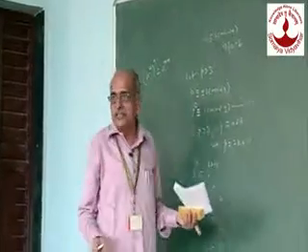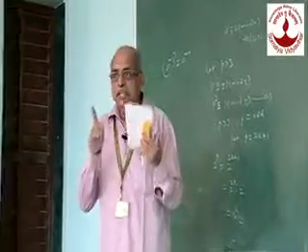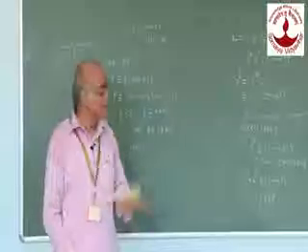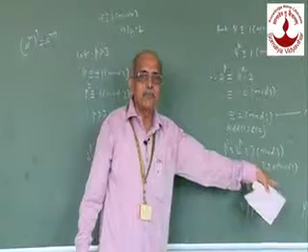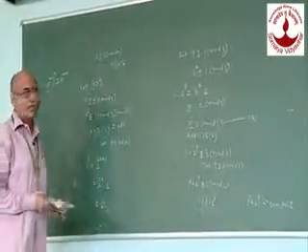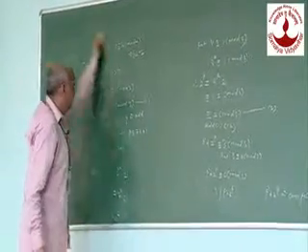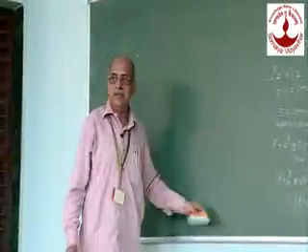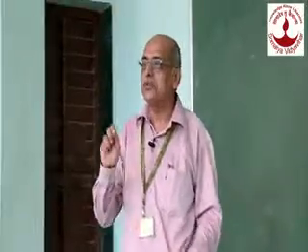So the conclusion: p equal to 3 is the only prime for which p square plus 2p is prime. Again, the speciality of that prime p.